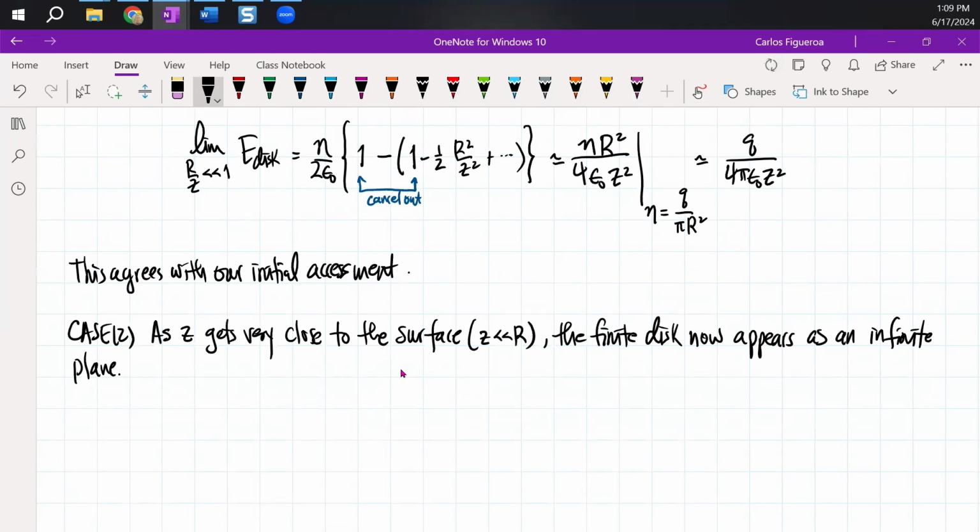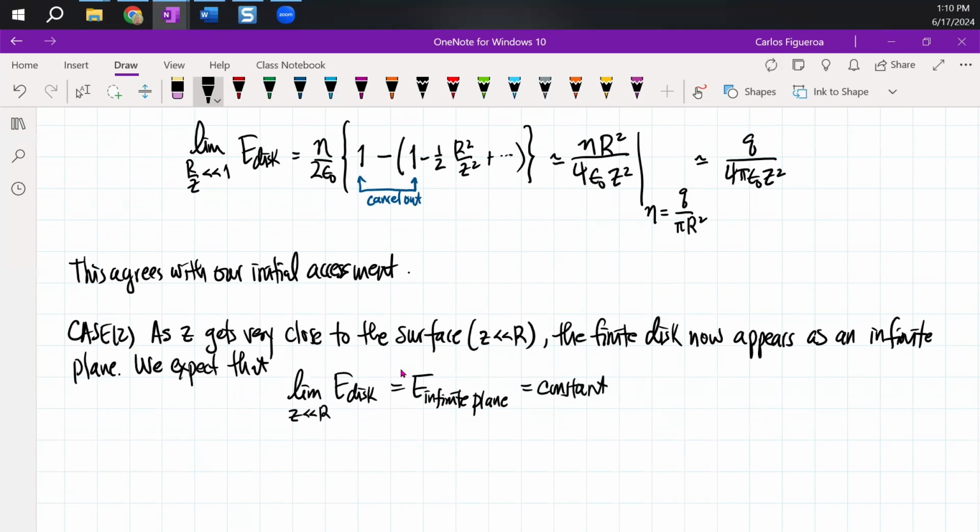So the question was, we expect that the E field of the disk, in the limit as Z is much, much smaller than R of the disk, looks like an infinite plane, which we said was going to be a constant as you walked around that infinite plane surface.